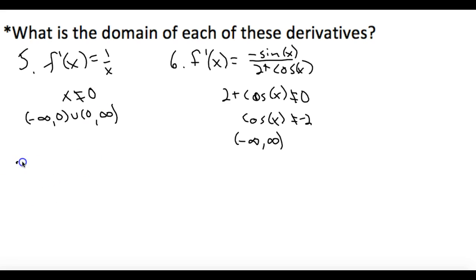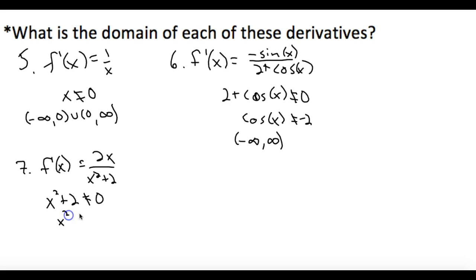Then number 7, we had our derivative to be 2x over x squared plus 2. So again, set my denominator equal to 0, say it can't equal 0.